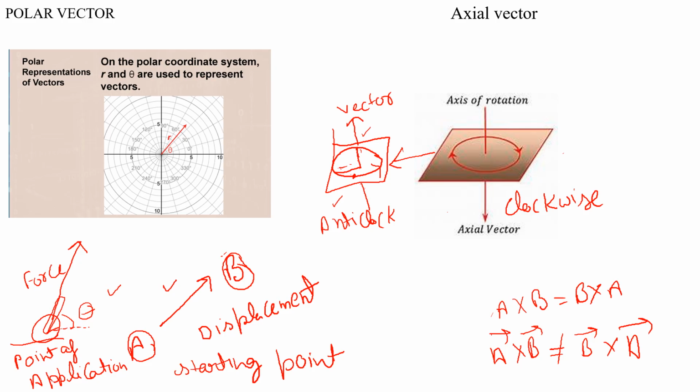Angular velocity, torque and angular momentum are some examples of physical quantities that are axial vectors.